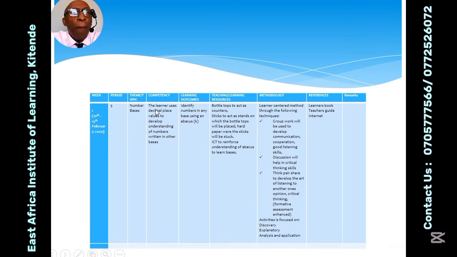The competence, what you expect the learners to be competent in. The learning outcomes at the end of the lesson. This is the expertise the little ones will manifest. In other words, if anybody is to determine to measure your success, these outcomes should be obvious.